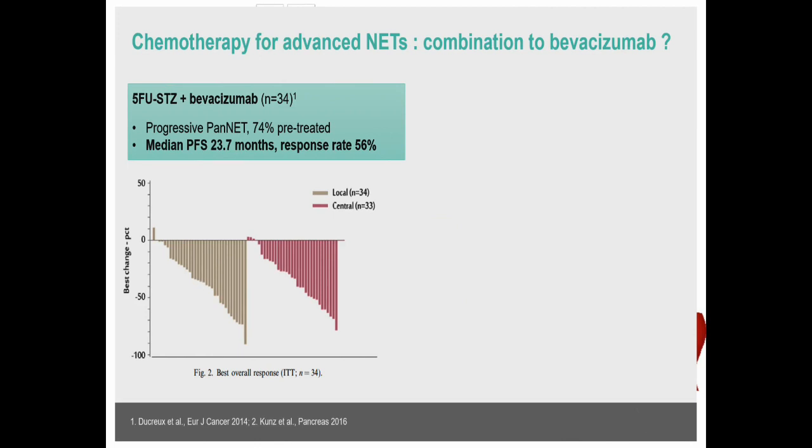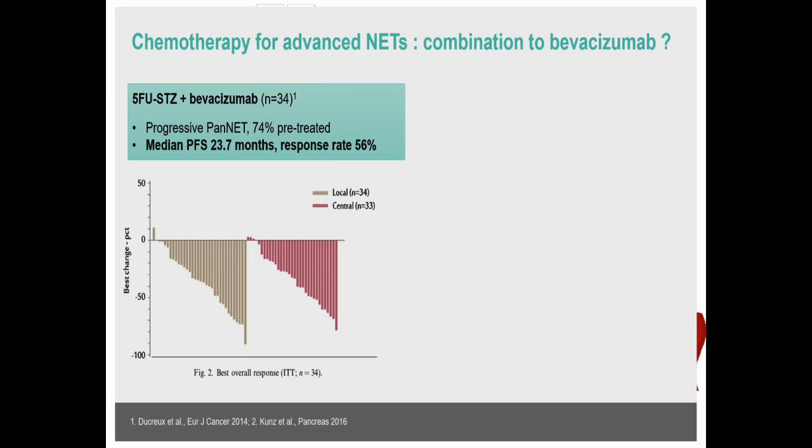As is well known, pancreatic and all neuroendocrine tumors, well differentiated, are highly vascularized, and this has led to the pathway of using anti-angiogenic drugs to inhibit vessel formation, and bevacizumab, of course, Avastin, is one of those drugs.